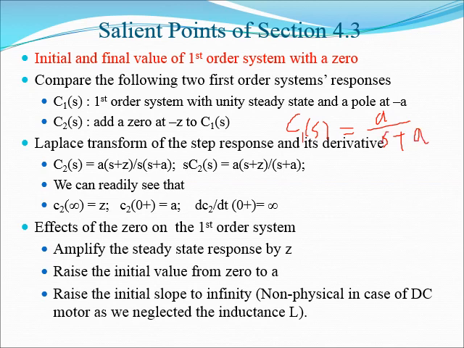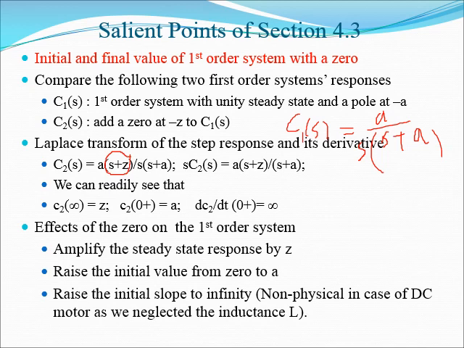So you multiply this by a zero at minus z, so we multiply this one by s plus z. We have a step input, which is 1 over s. So a over s into s plus a is our C1(s), and we add a zero here, s plus z, at s equal to minus z. So we get C2(s) equal to a(s plus z) over z times s into s plus a.